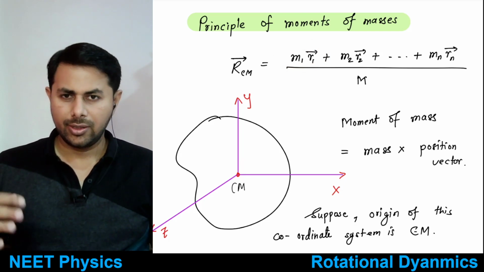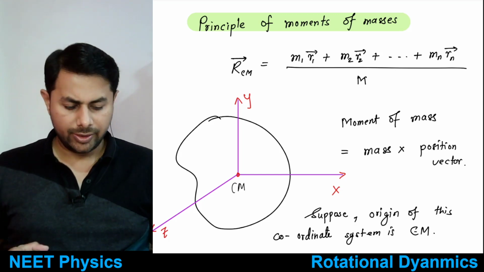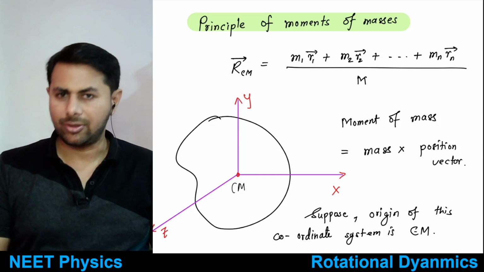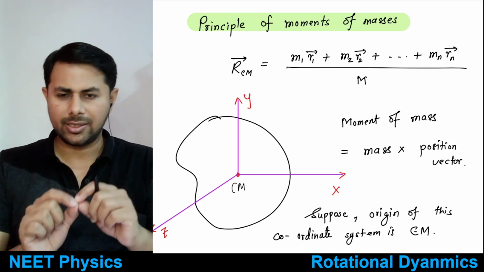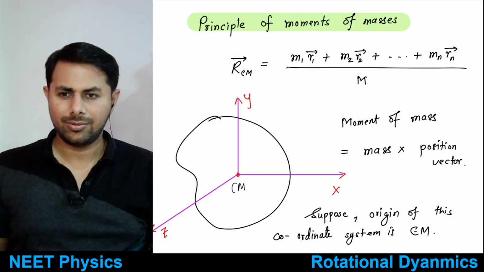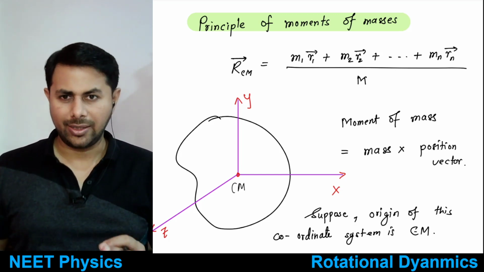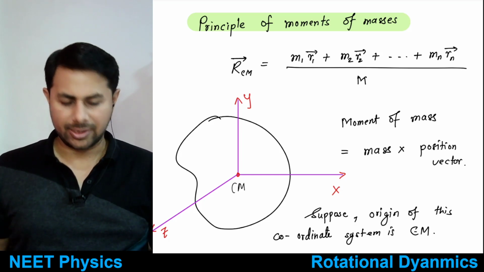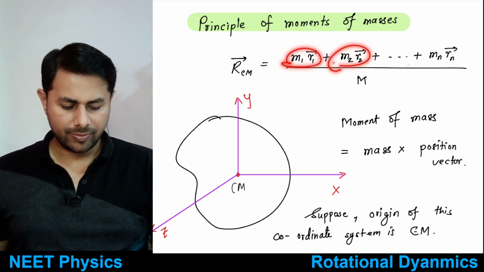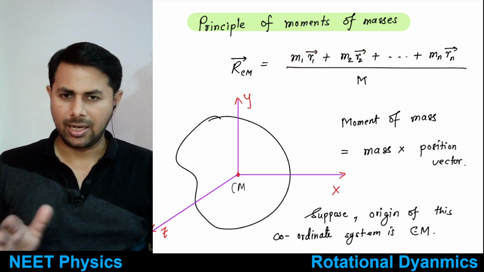Now suppose you want to find out the moment of all masses about the center of mass, means you will measure the position vectors from the center of mass. Okay, suppose you want to find out the moments of all masses, that means m1 r1 bar plus m2 r2 bar plus so on and so forth up to plus mn rn bar.